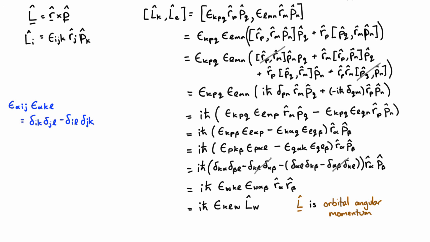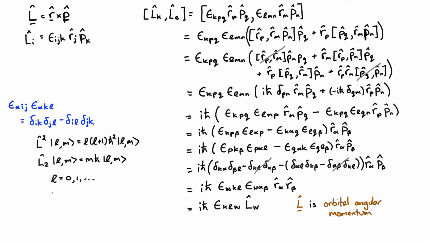Because the central potential has no angular dependence, the Hamiltonian was symmetric with respect to rotations, and that means that all the eigenstates of a particle in a central potential are also eigenstates of this L. Specifically, they're eigenstates of both the L squared operator and, say, the Lz operator. And l can go from 0 all the way up to infinity. It can be any integer. And m is constrained to be between minus l and l in steps of 1.